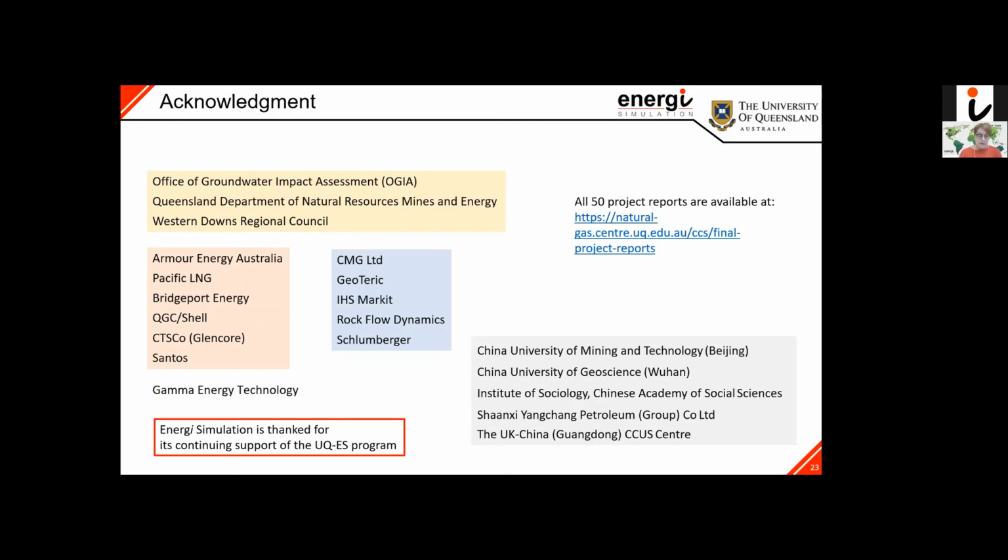So the mapped faults are included in the model. There have been separate studies done on the transmissivity of those faults and the likelihood of them being affected by CO2.